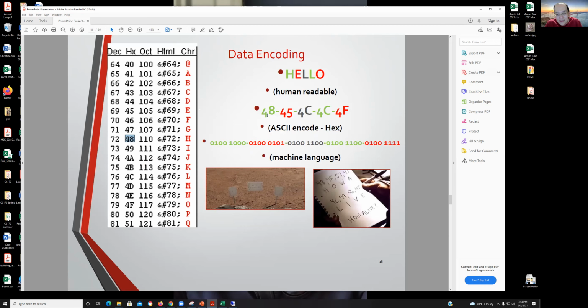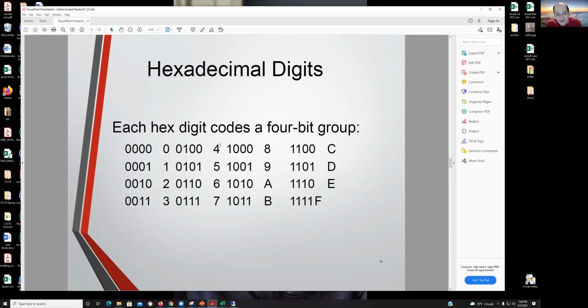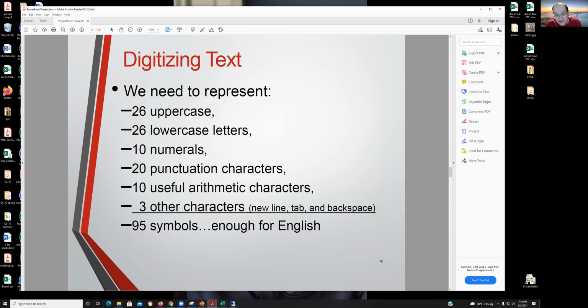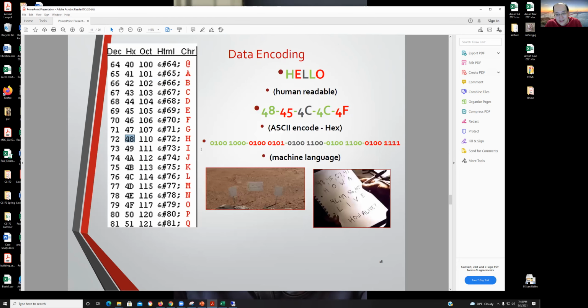Then ultimately, if you want to convert this to binary, you can get that from hex, because you remember the mapping that we had back here. Look at the 4: 0, 1, 0, 0. Here we go, 0, 1, 0, 0, which is this 4 right here.